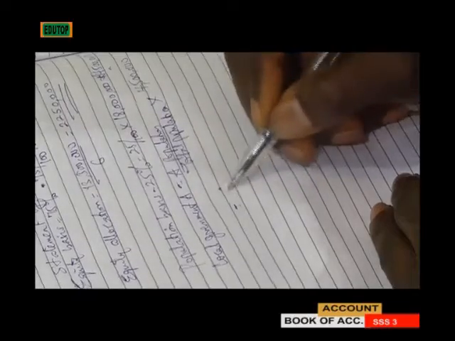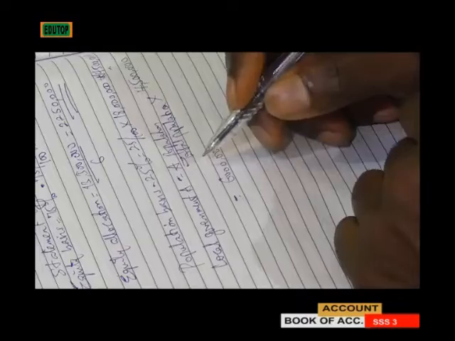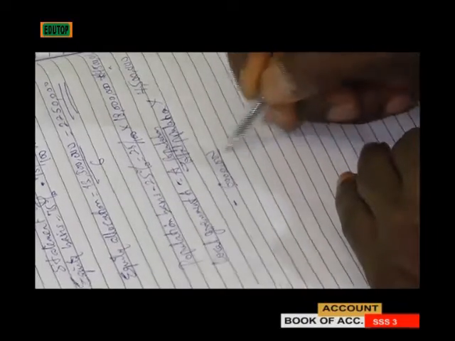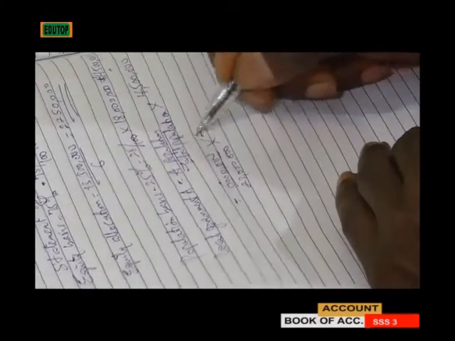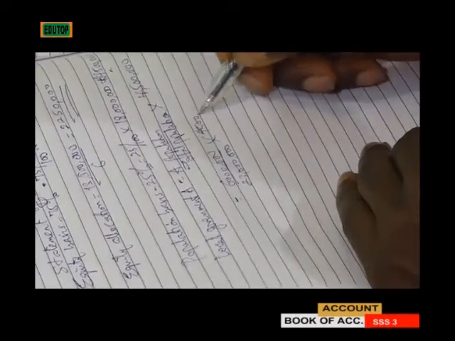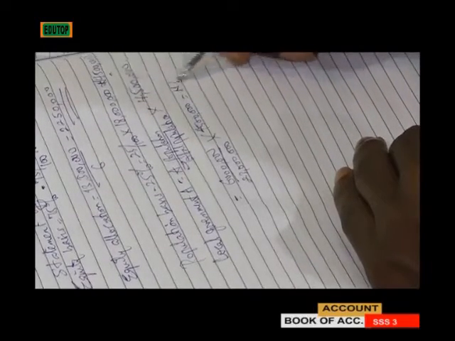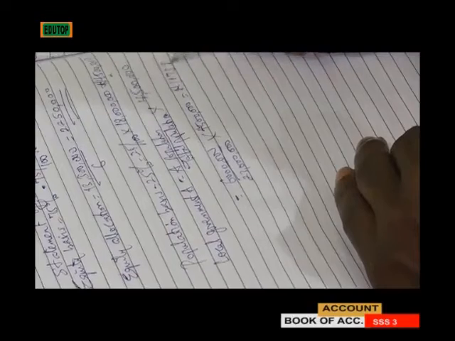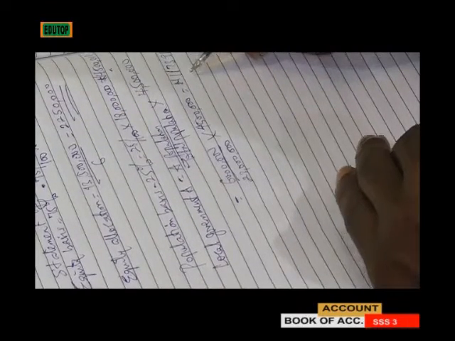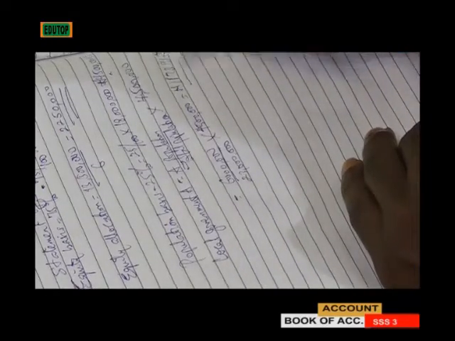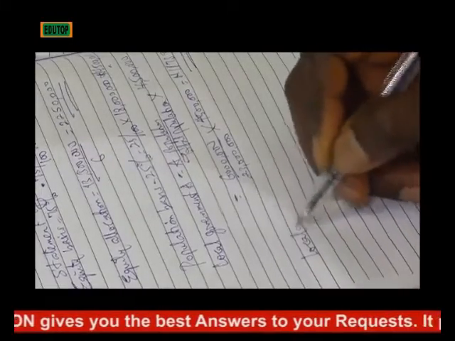The population of A is 6 million, and the total population is 23 million. So you times it by the population base, which is 4,500,000. So local government A will get 1,173,913.